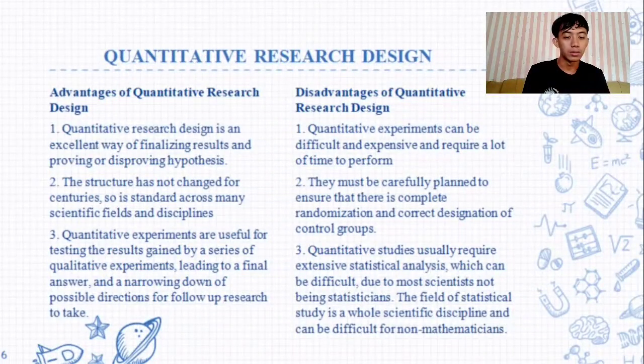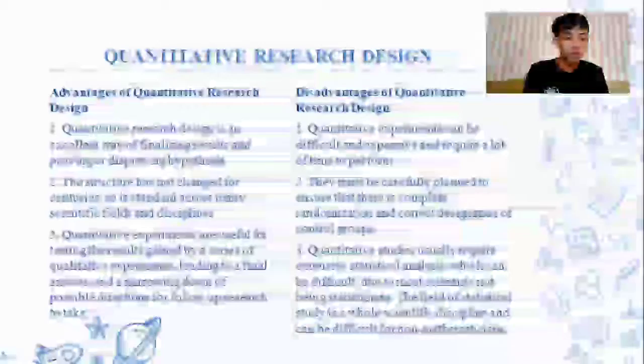The next is about disadvantages of quantitative research design. The first, quantitative experiments can be difficult and expensive and require a lot of time to perform. The second, they must be carefully planned to ensure that there is complete randomization and correct designation of control groups.